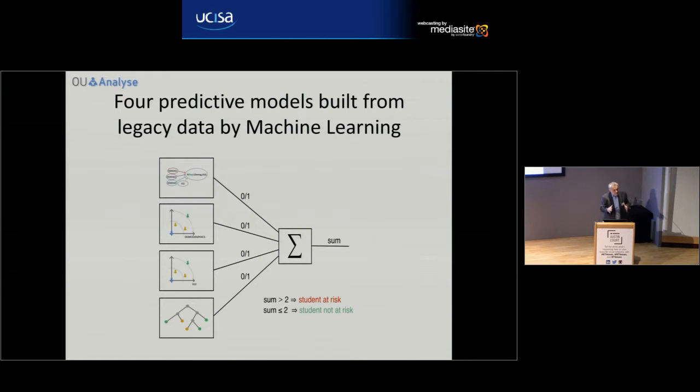So we are using previous presentation, always previous presentation, to predict the current one. We build the models using the previous presentation and apply it to the current presentation.